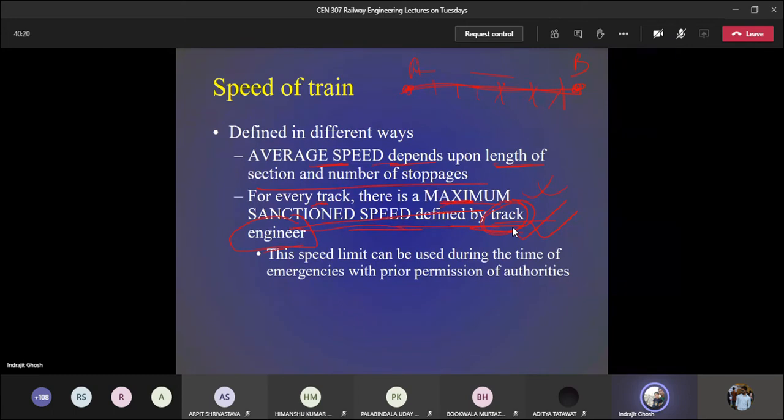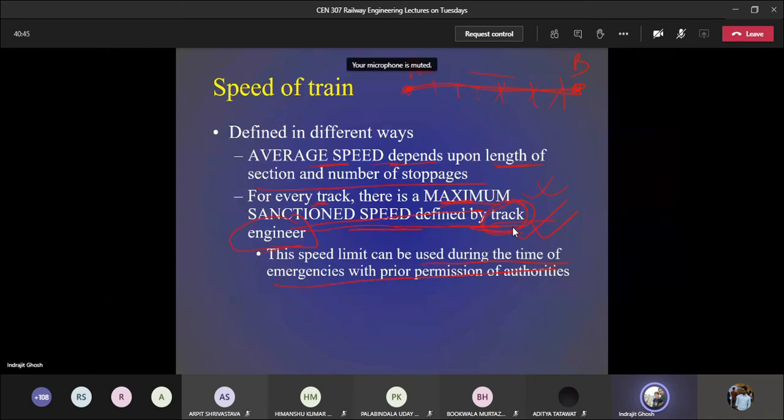So this speed limit can be used during emergencies with prior permission of the authorities. In highway engineering also, when you have gone through the content of speed studies, you have seen that you prepared a frequency table. From there you prepare a cumulative frequency distribution curve.